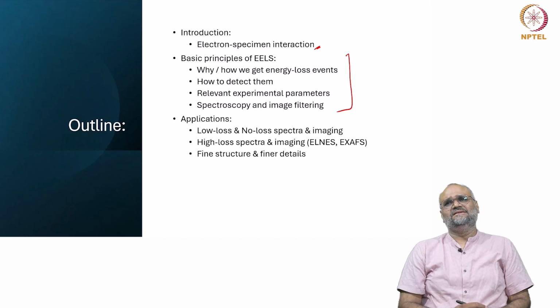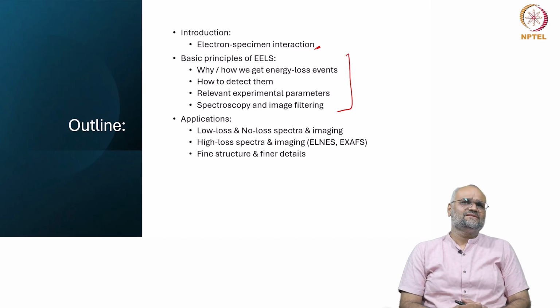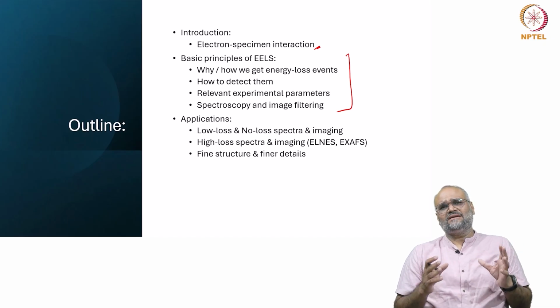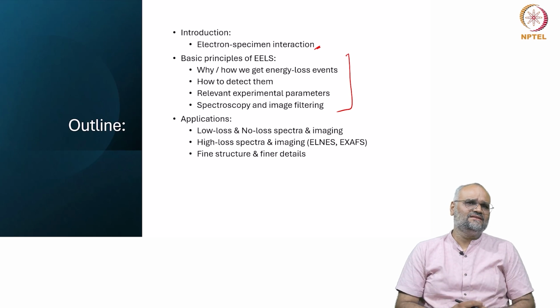So there are different modalities in which you can get energy loss signals detected, but I'll largely focus on the post-column filter methodology, which is more commonly used, and a broad sequence of what you should be doing to collect the EELS signal is what I'll talk about in this lecture.